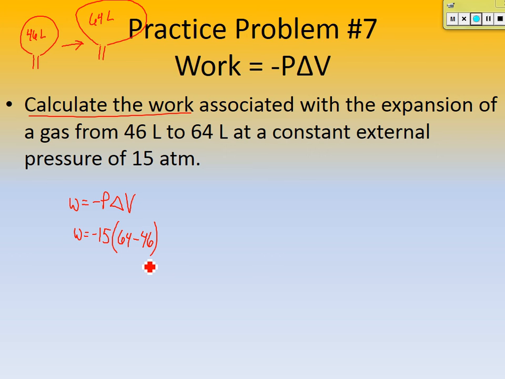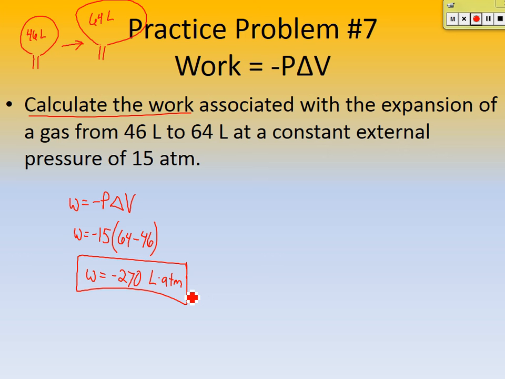Are you guys getting negative 270? Okay. So work is equal to a negative 270 what though? Remember, we got to have a unit. What's pressure measured in? ATM. What's volume? Liters. So we just call it a liter atmosphere. Could I convert this to joules if we wanted to? Yeah, we could.